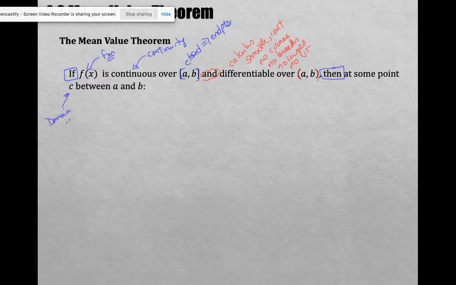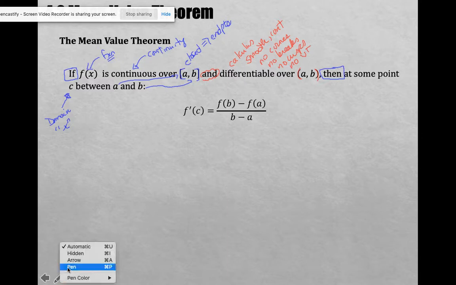We usually think of that as an x. The theorem uses C. If you call it an x, no one's going to care. But it is between A and B. And remember, A and B come from your closed interval. If all of that is true, then there is this statement.